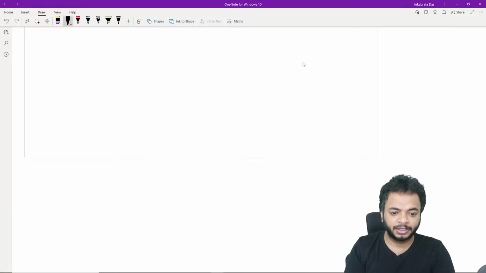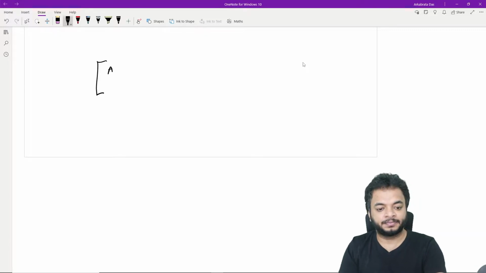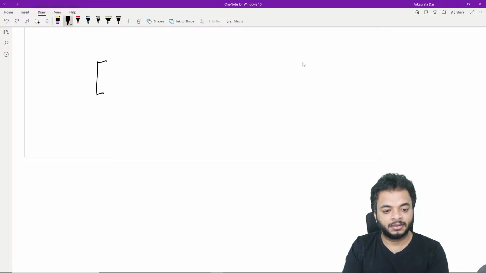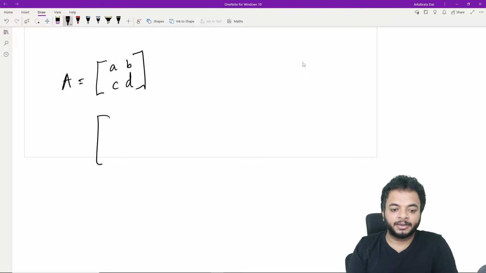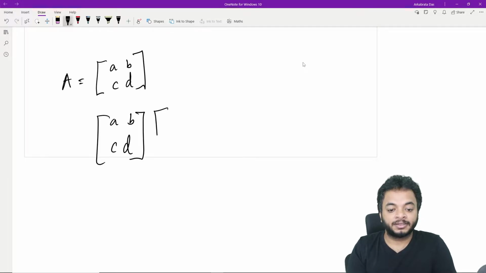If you notice, let's say capital A is the matrix with rows a, b and c, d. Let me multiply this matrix A with its transpose, that is, a, c and b, d.